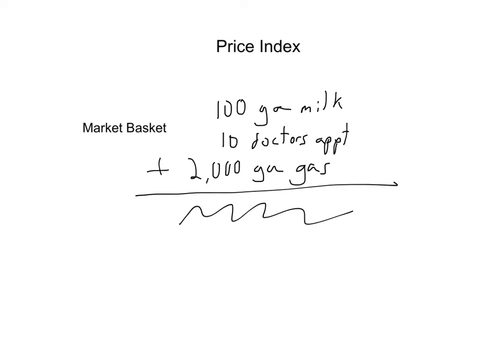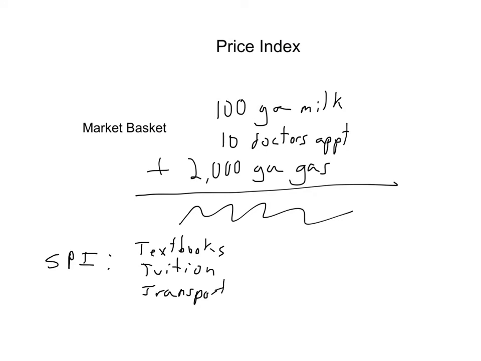Now, that number in itself may not be very useful. Okay, it may not be very interesting, but the whole point of it is to compare this number from year to year. Maybe for the school, we could have some kind of price index, high school student price index, where we measure the cost of textbooks and the cost of tuition and transportation, and the cost of sports and other activities.